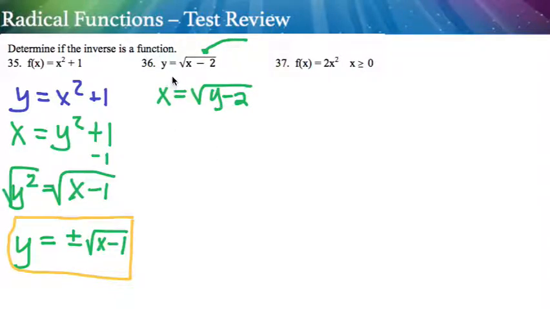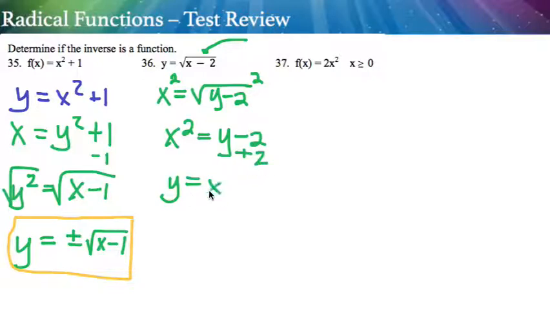So in order to do this and solve for y, I have to square both sides. So that means that this is going to be x squared equals y minus 2. And then what I need to do is just add the 2 on both sides. I'm going to write it this way because I like the y over on the left-hand side better. So I'm going to add the 2 over with the x, right? So it's going to be x squared plus 2.